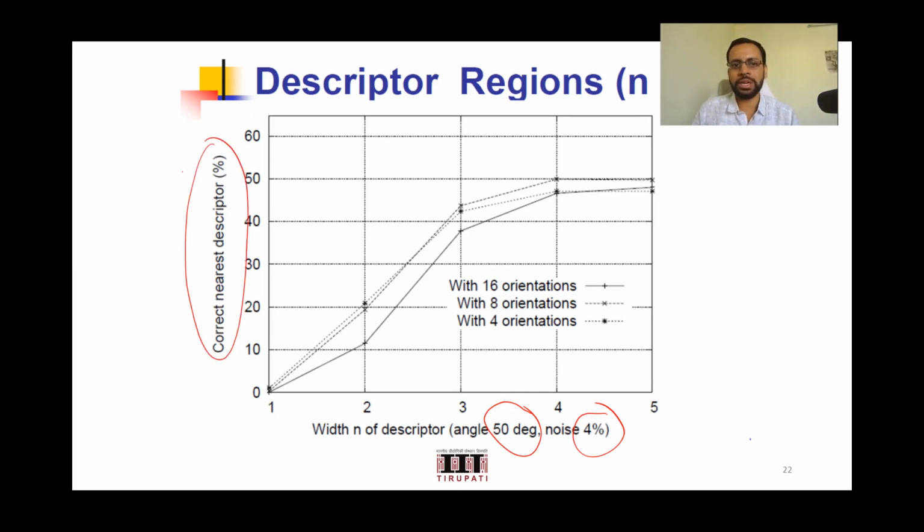He tried it using just 4 orientations, by just putting north, south, east, west, a quantization, so each one is 90 degrees. He tried with 8 orientations, he tried with 16 orientations. And the patch sizes are here: 4 by 4 patch, 3 by 3 patch, 2 by 2.